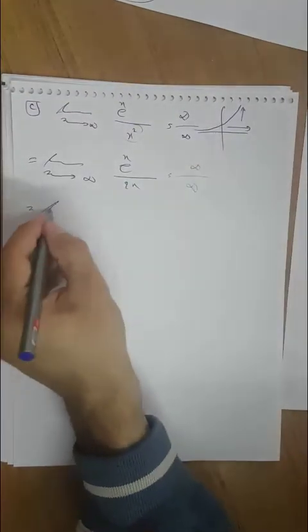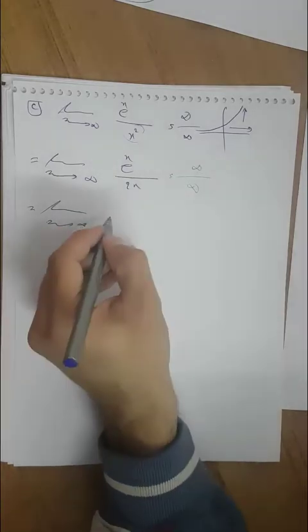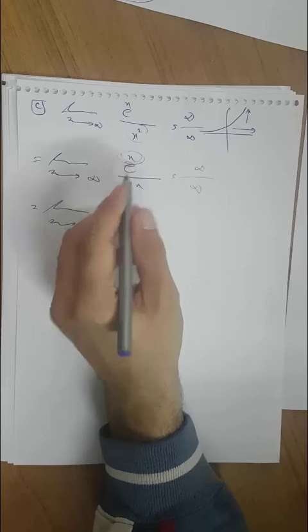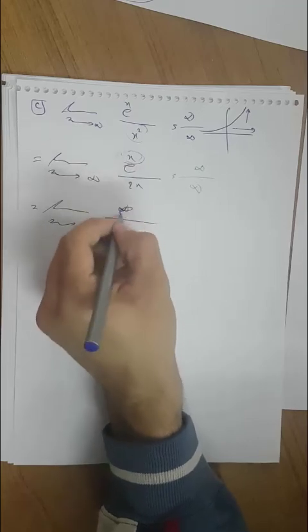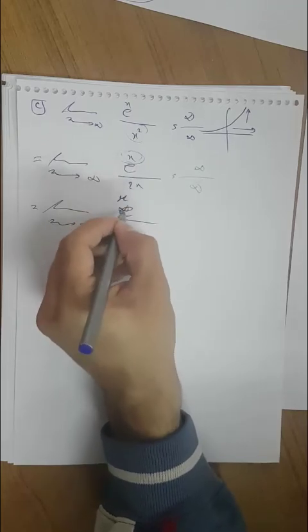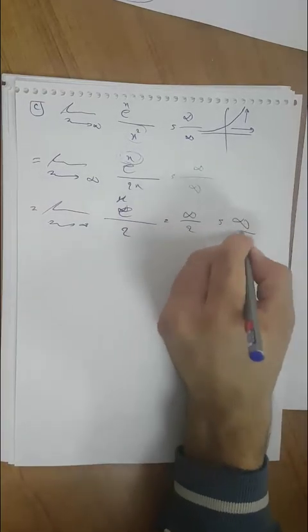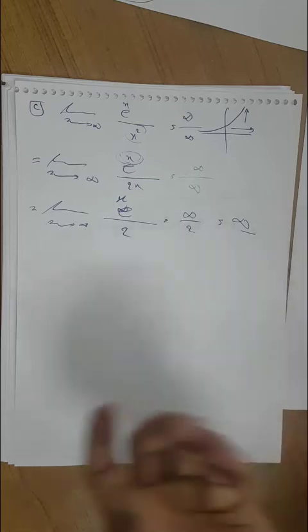This one will go to 2x, and we try to substitute again. You get infinity over infinity again. Again, use L'Hopital's rule. You will get e to the power x, and this one remains 2. Now it's infinity over 2, which is equal to infinity. That's the result. We cannot do anything else.